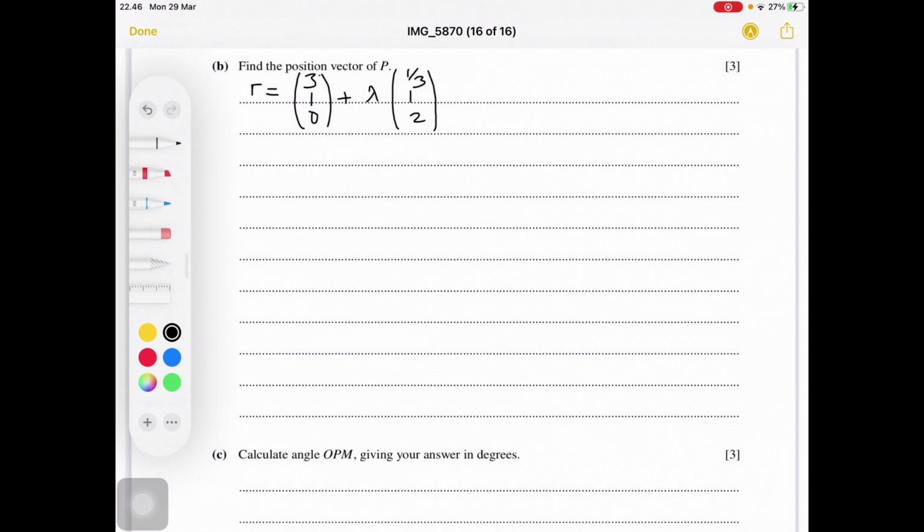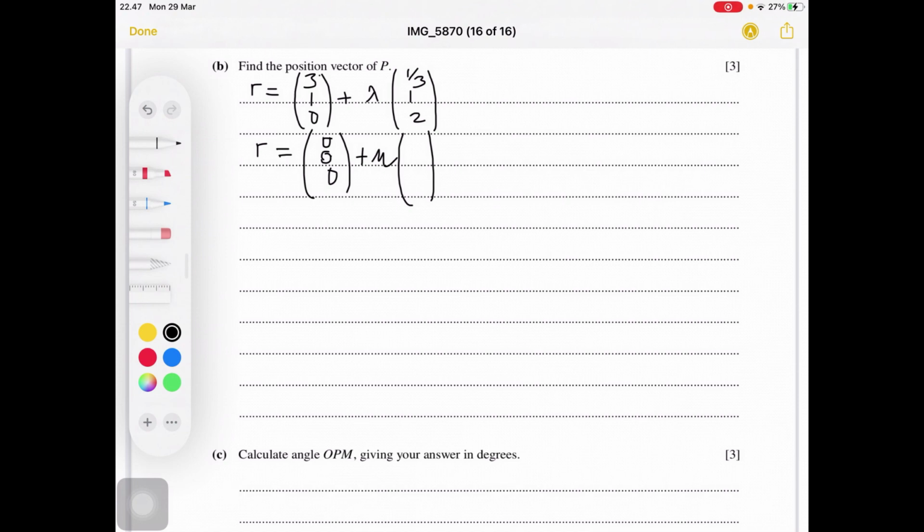And then the line equation of OB, because it passes through the origin, is (0, 0, 0), this is the origin, plus the parameter we use, mu, times the direction, which is vector OB.